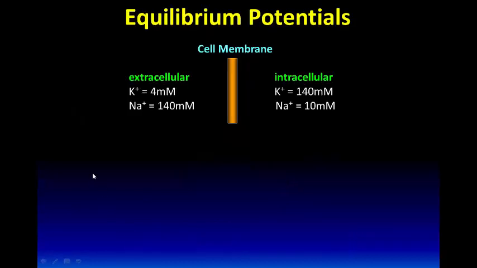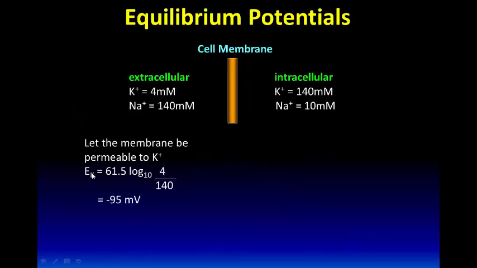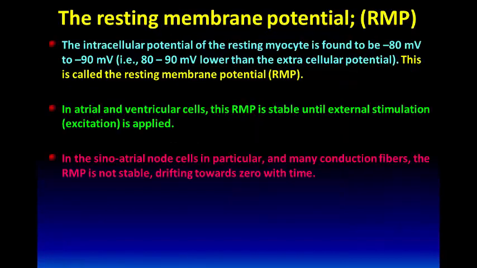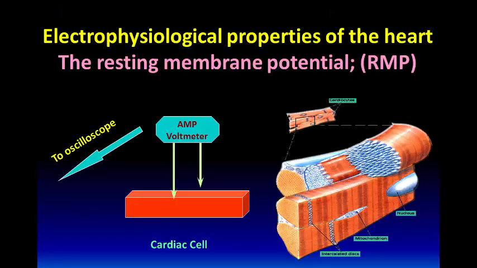When we do that, the result shows that the equilibrium potential for potassium is negative 95 millivolts. So this calculated value of the equilibrium potential for potassium is very close to the value which we have actually measured experimentally for the resting membrane potential.